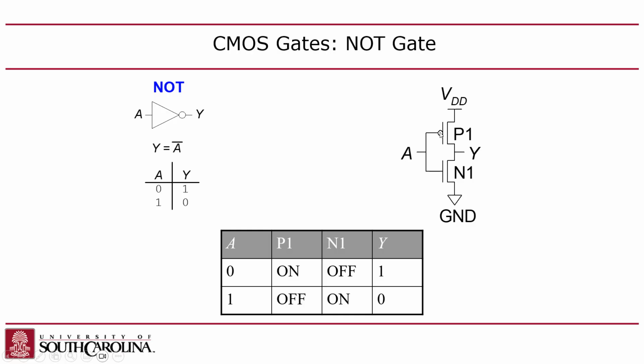PMOSs are a 0. You put a 0 to turn them on. But in reality, that's just digital. What's happening in the analog space actually is, what you're really doing with these PMOS is putting a negative threshold voltage, right? And the reason it's negative is that the reference of the channel is VDD, right?